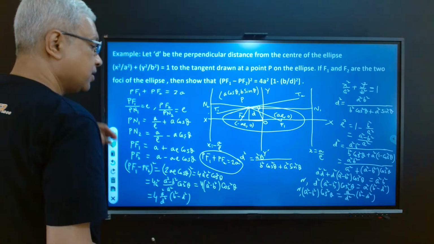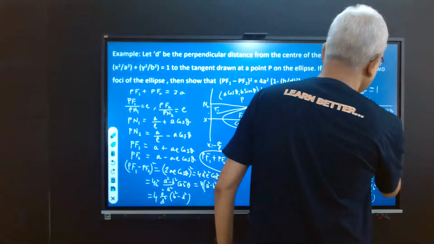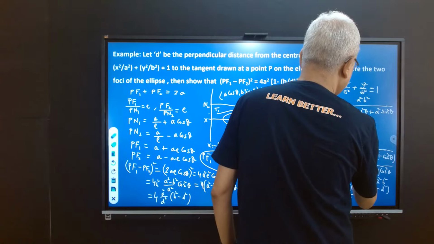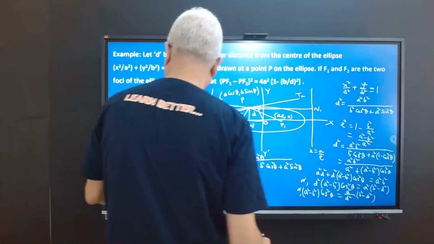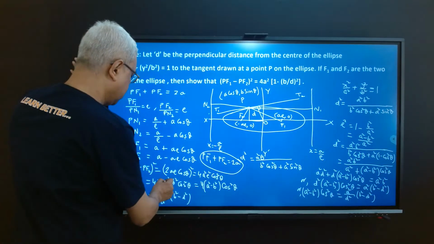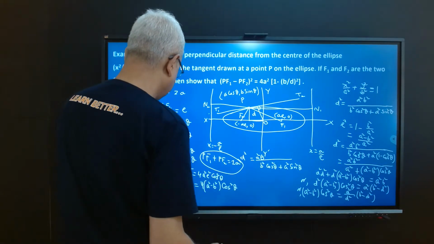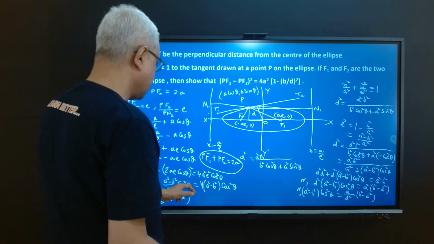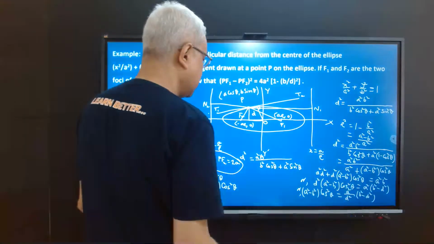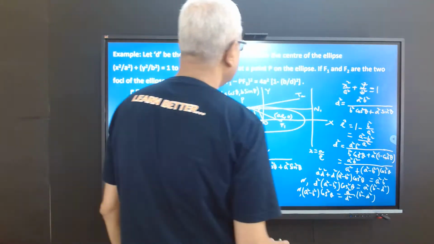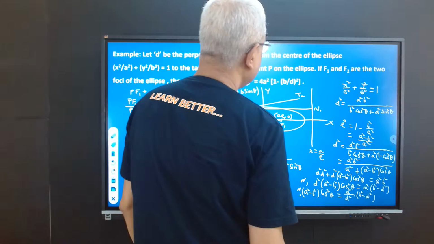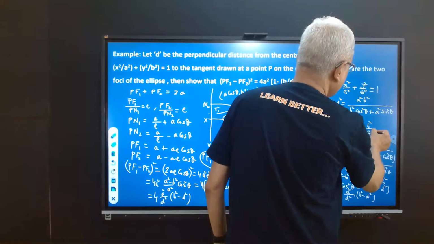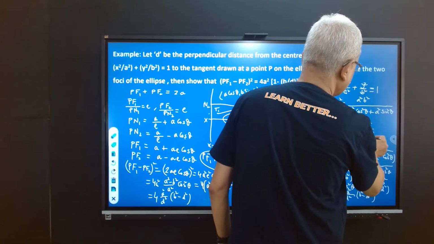So there is some sign issue somewhere. So it is 4a square times (a square minus b square) by a square cos square theta. So here what is happening is, e square is 1 minus b square by a square, so (a square minus b square) by a square.